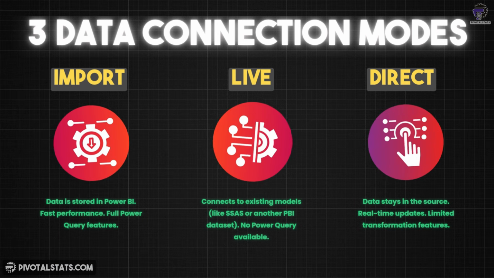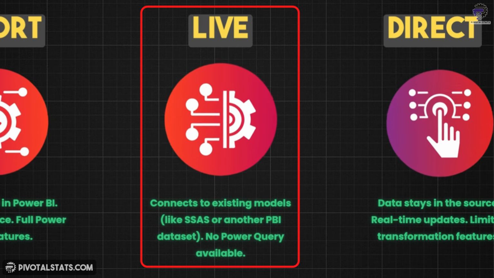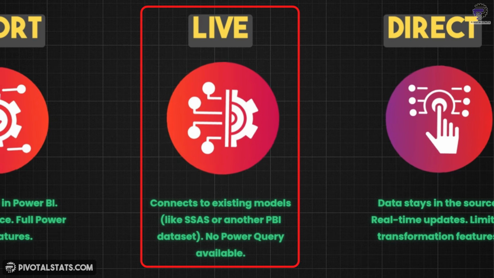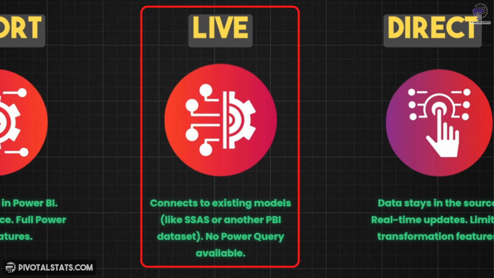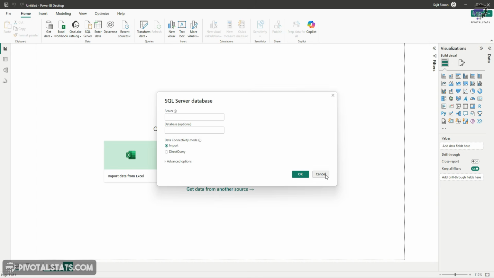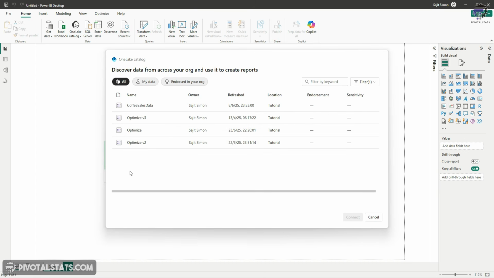The next one is something called a live connection. You won't explicitly see that option here, but if you remember, in the last module we used a live connection between this Power BI and the cloud Power BI dataset. If I cancel this out, go to Get Data and click on this Power BI semantic model, it will show you the datasets which are available on the cloud. You can select any one of them.